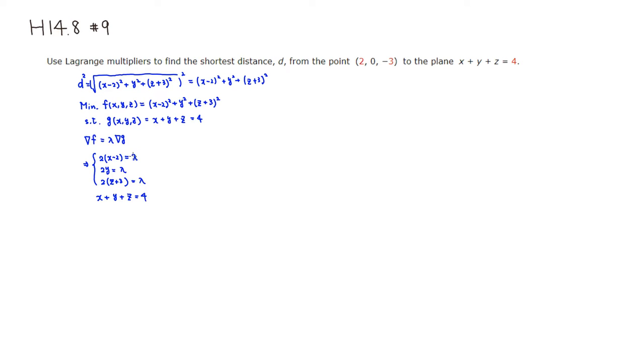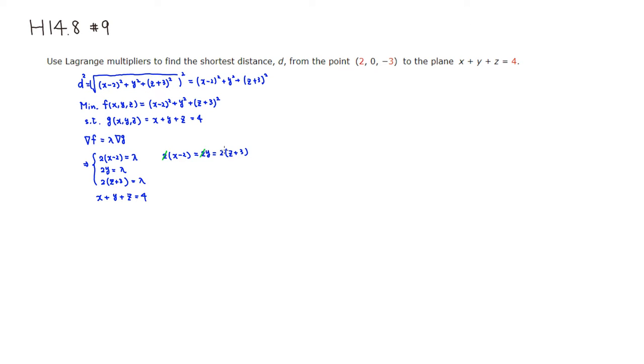Since all these are equal to lambda, we can set them equal to each other: 2 times (x minus 2) is equal to 2y, which is equal to 2 times (z plus 3). I'm going to write y in terms of x and z in terms of x. First I divide through by 2.